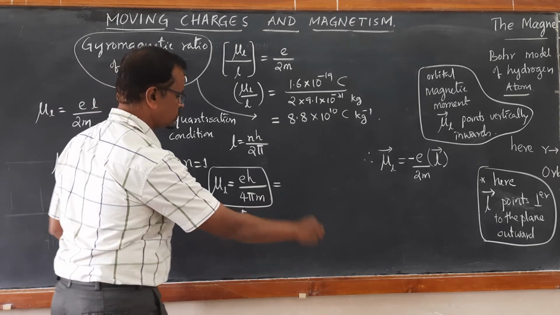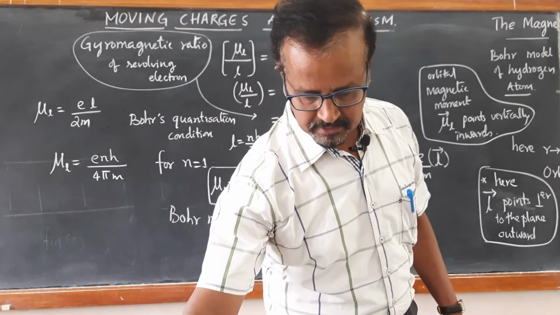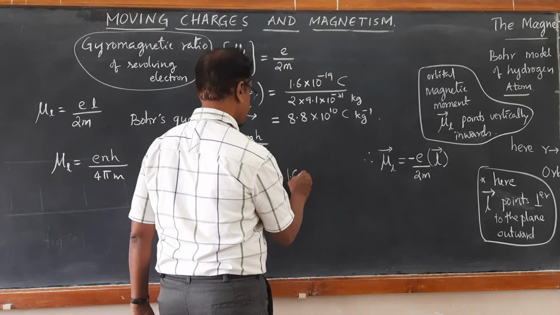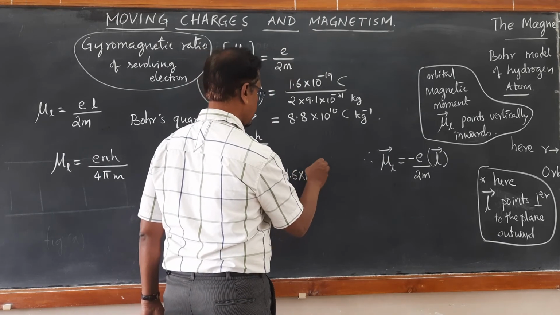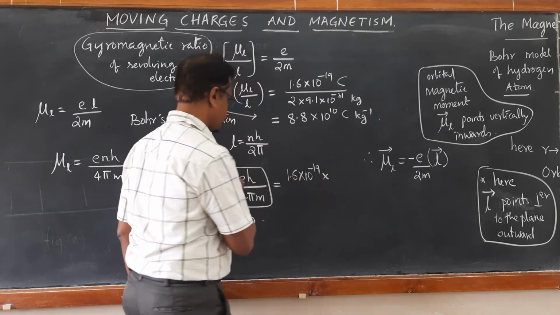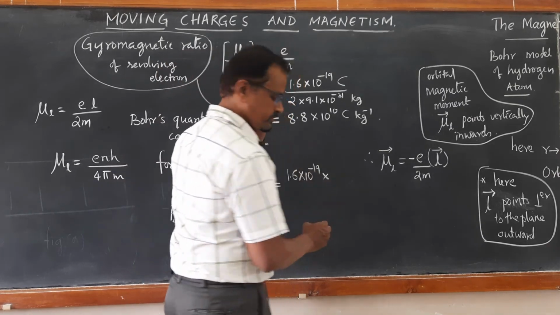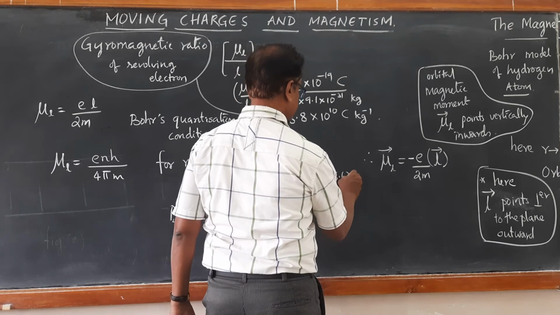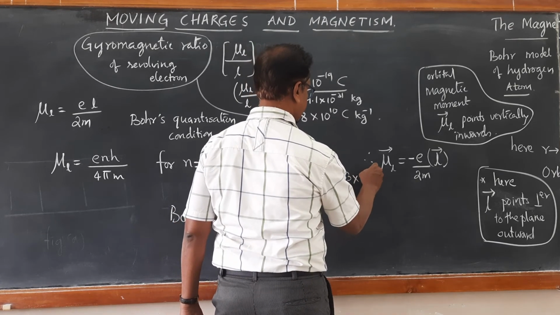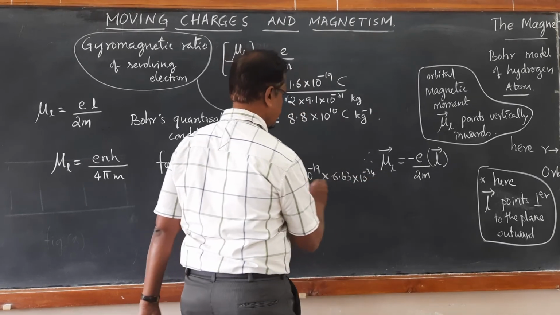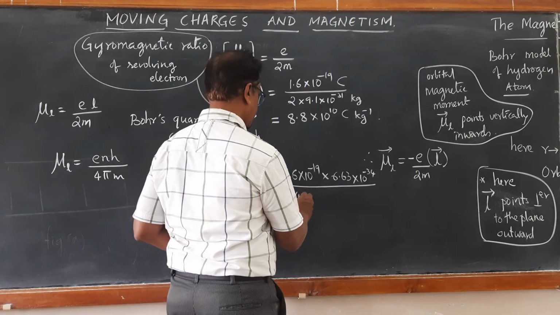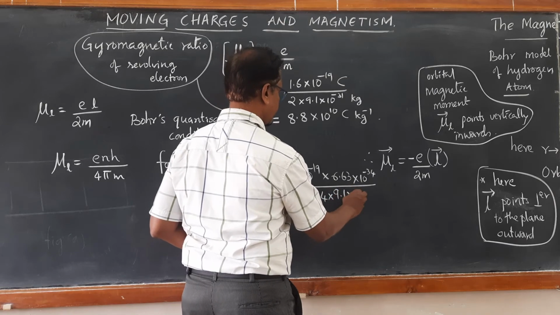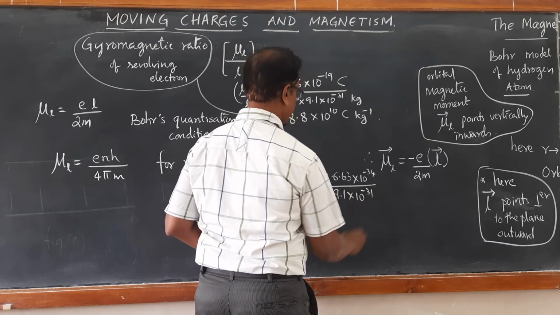So, if you just substitute the values, 1.6 into 10 to the power of minus 19 coulomb is the basic charge of the electron, and Planck's constant, if you remember, is 6.63 into 10 to the power of minus 34 joule second, divided by 4 into 3.14 into the mass of the electron, 9.1 into 10 to the power of minus 31 kg.